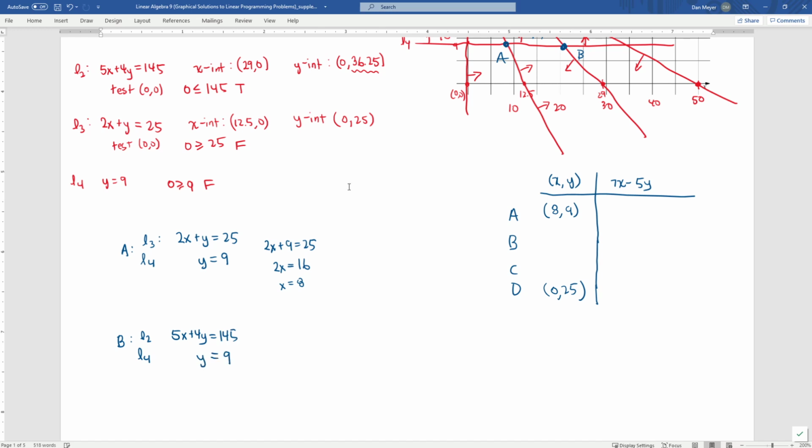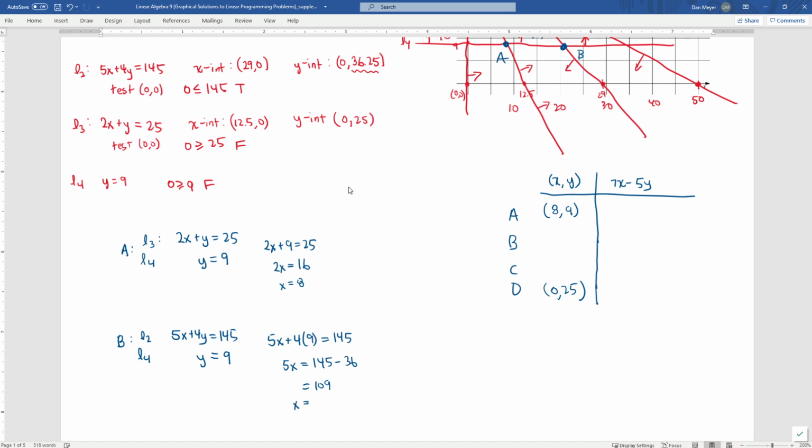All right, so that one's not too bad either. Let's see, we have 5x plus 4 times 9 is equal to 145. So 5x is equal to 145 minus 36. 145 minus 36 is 109.